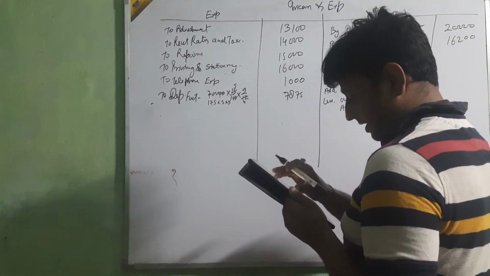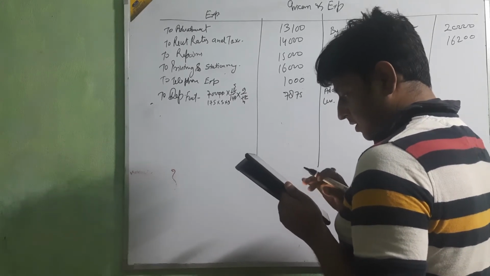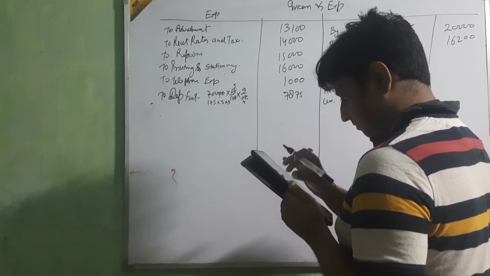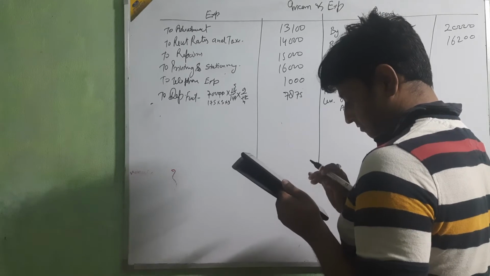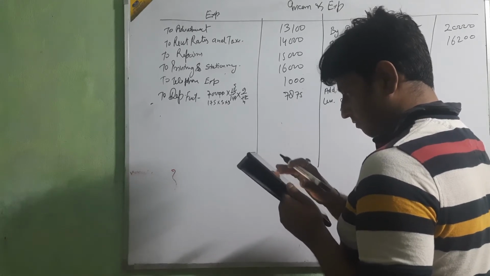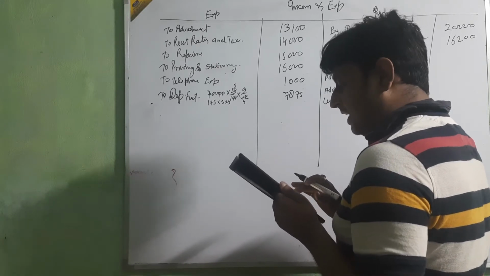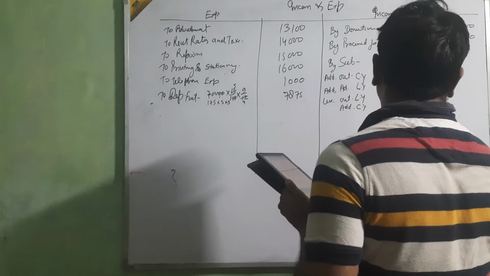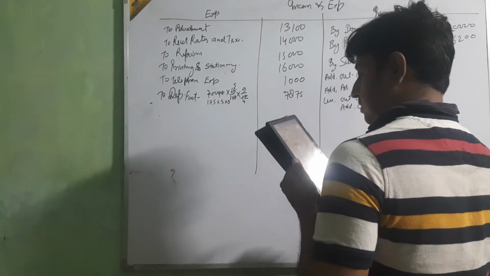Okay, then go for the next page because we need the other information on the next page. Next page, advance of the current year is 5,000 and last year 4,000.